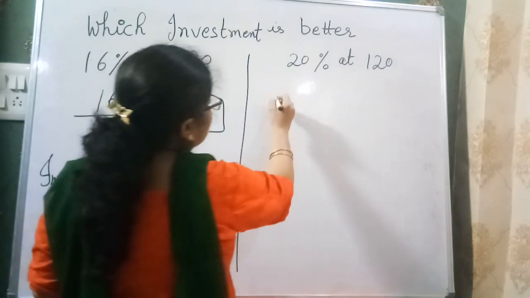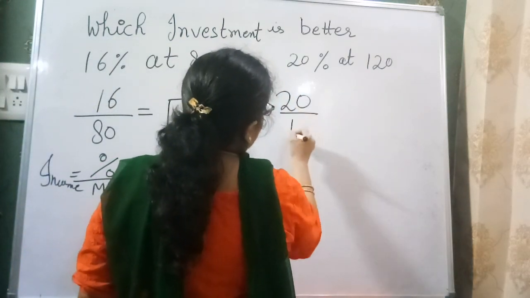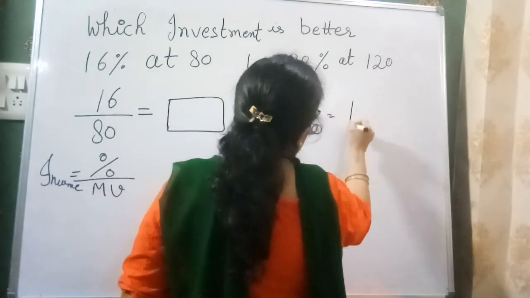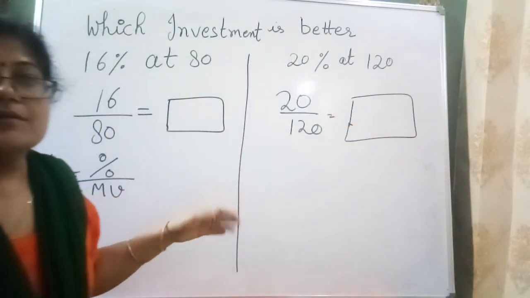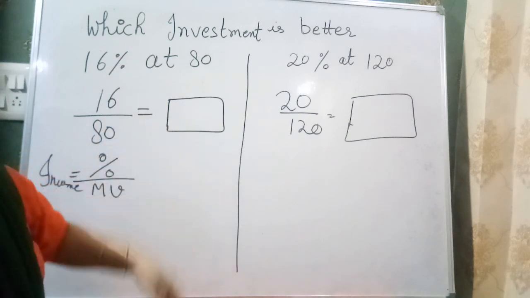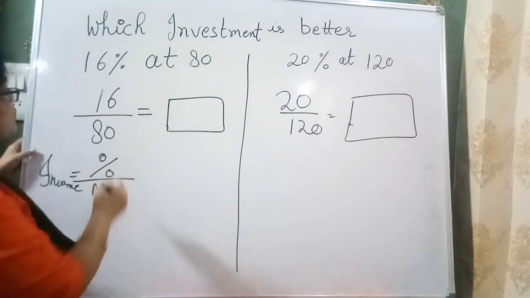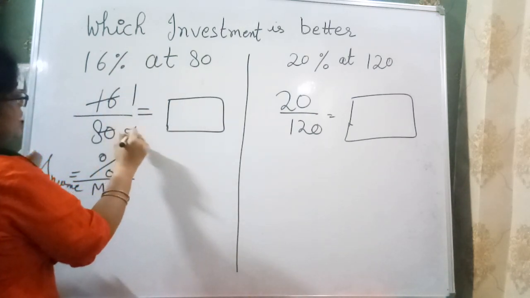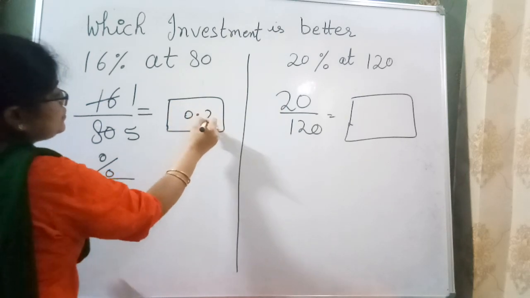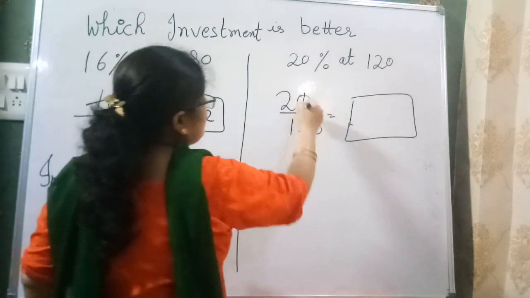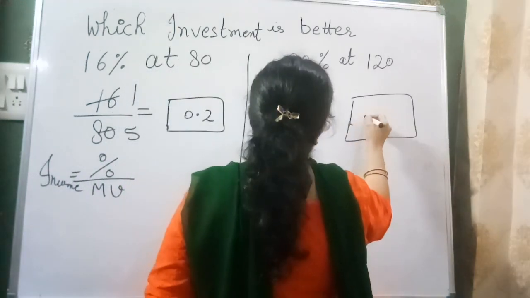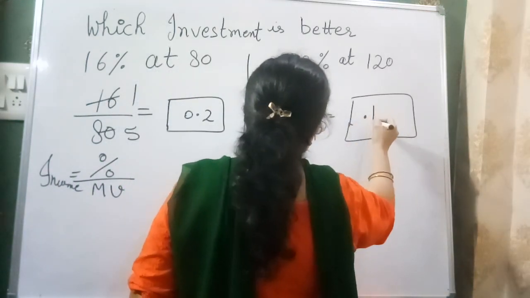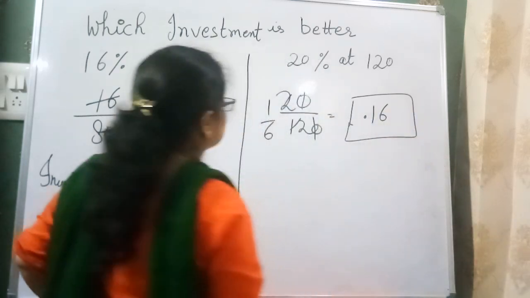And simply here also we have 20 by 120 and we have to solve the value. Whichever has more value, that investment is better. Now we have to solve this. 16 5s are 80, that means 0.2, and here we have 16 by 120, that means 0.16: 6 ones are 6, 6 6s are 36.